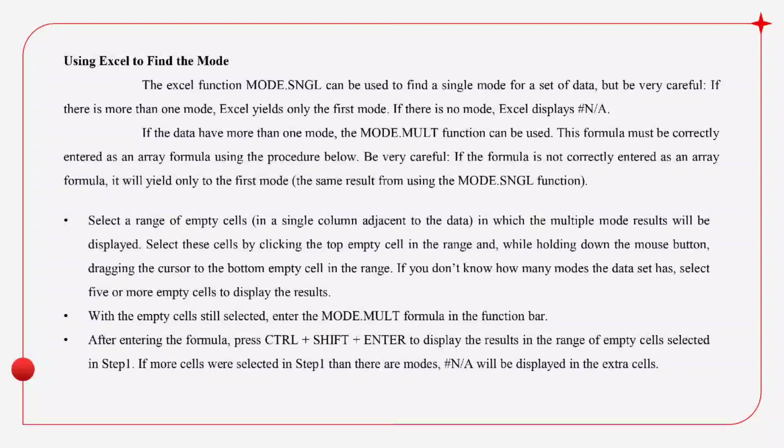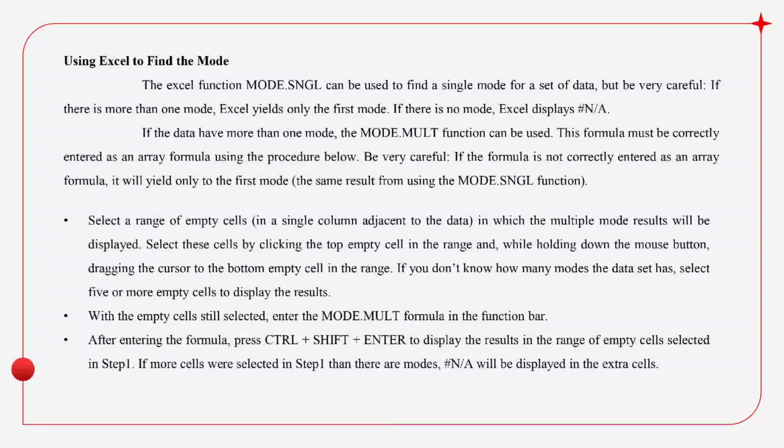Select these cells by clicking the top empty cell in the range, and while holding down the mouse button, dragging the cursor to the bottom empty cell in the range. If you don't know how many modes the dataset has, select 5 or more empty cells to display the results.